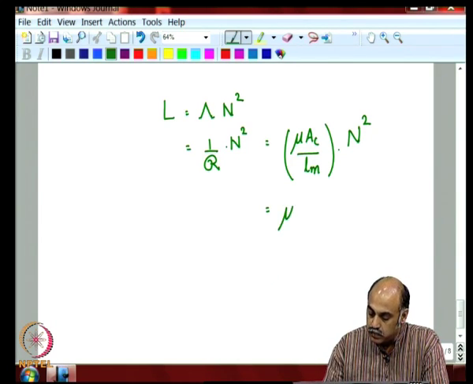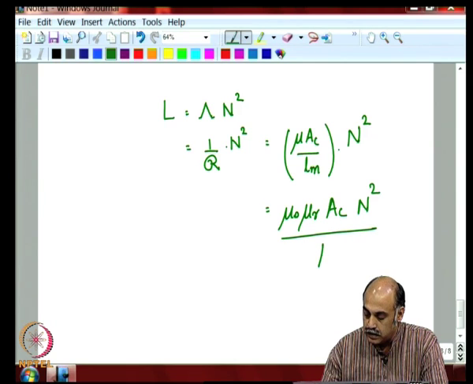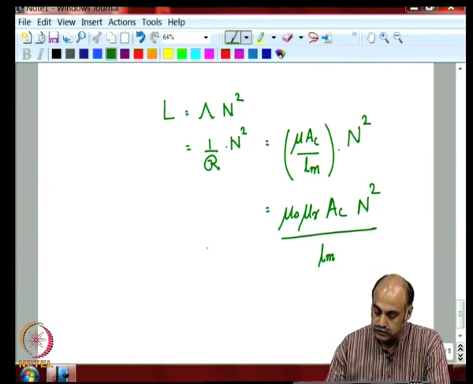Mu is nothing but mu naught and relative permeability, core cross section area, N square by the magnetic length.